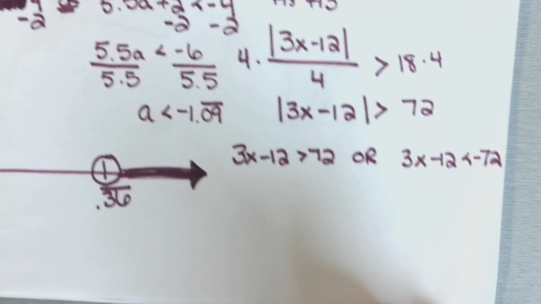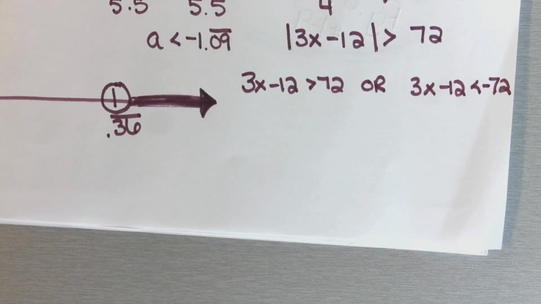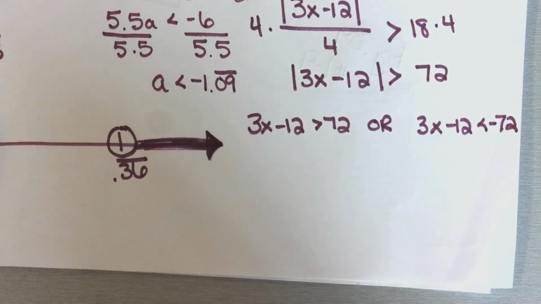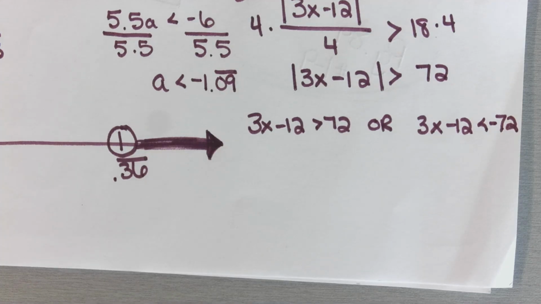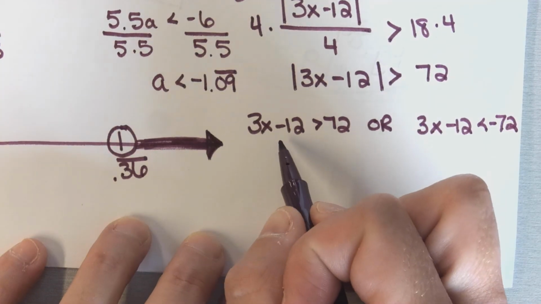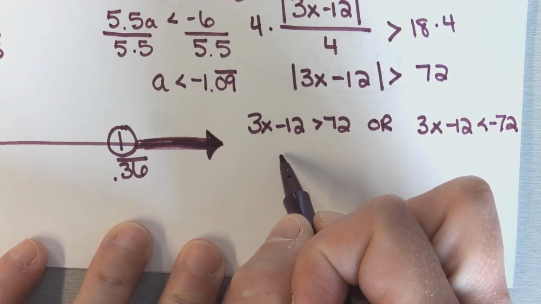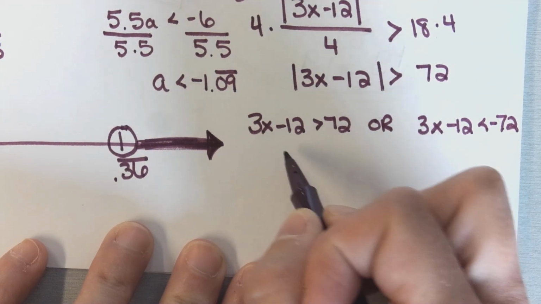Hold on, if I'm off the screen. Oh, I'm actually on the screen. Nice. Are we okay so far? Let's solve the one on the left. What could I do first? How can I get rid of the minus 12?